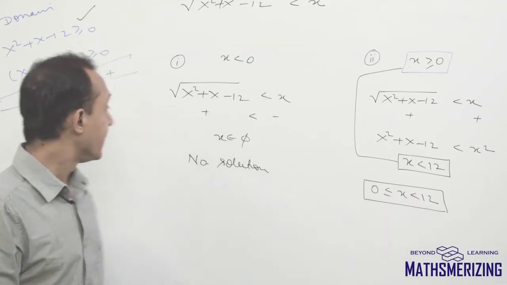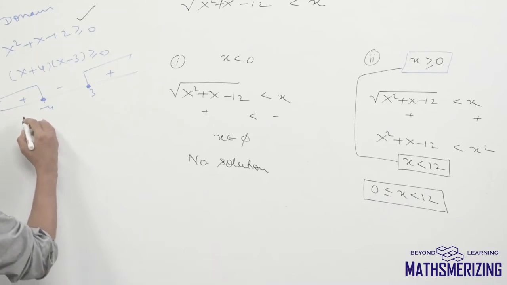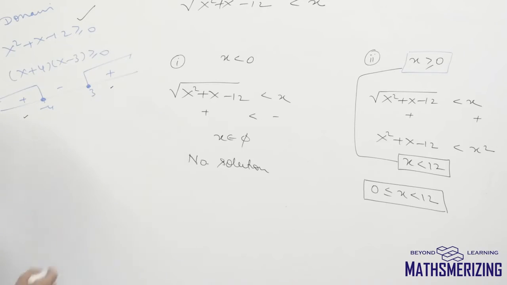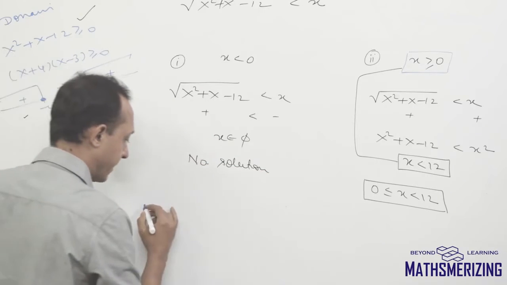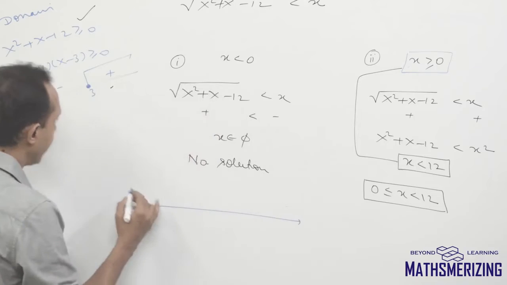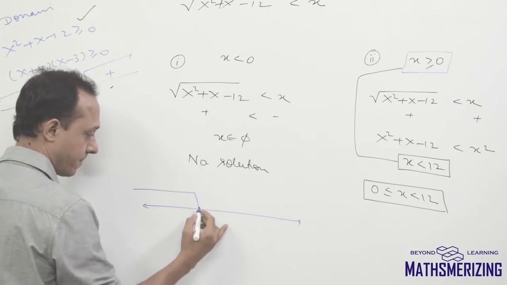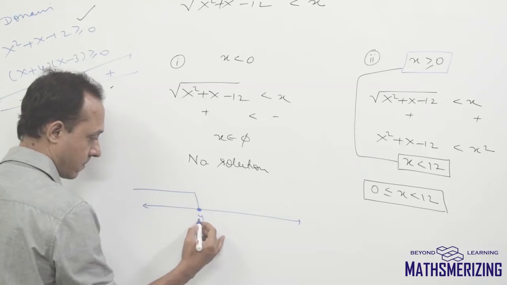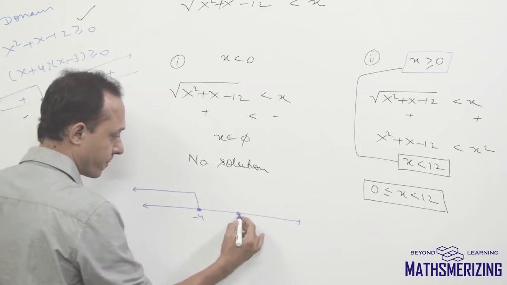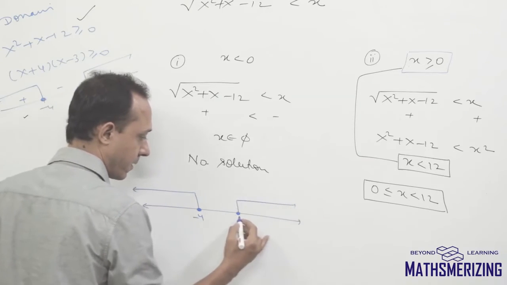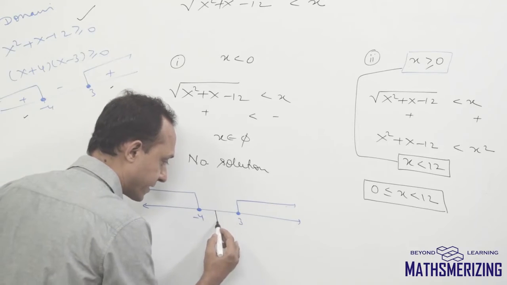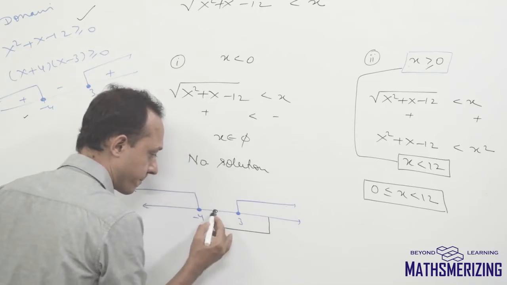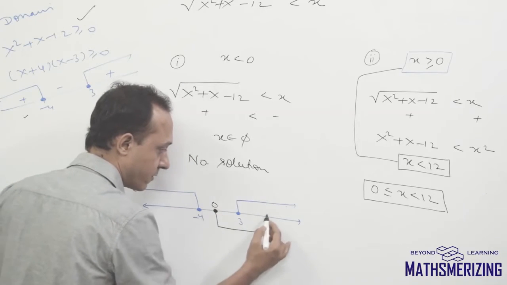So from the two cases, x should lie between 0 and 12, and the domain condition is either x less than or equal to minus 4 or x greater than or equal to 3. Now I need to take the intersection of these two conditions. So I'll take a number line and mark both conditions: less than or equal to minus 4, greater than or equal to 3, and the second condition, x lies between 0 and 12, with 0 included and 12 not included.